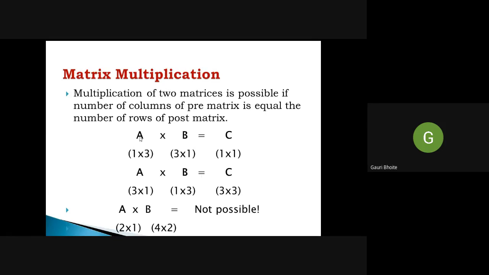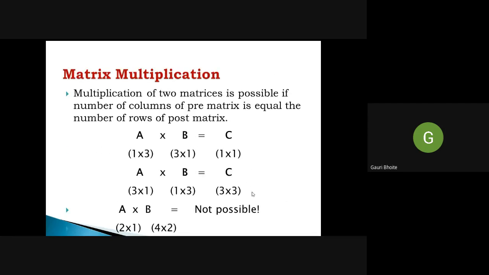So if A is a matrix of order 1 by 3 and B is a matrix of order 3 by 1, then A cross B is possible because the number of columns of the pre-matrix is 3 and the number of rows of the post-matrix is 3. If these two quantities are the same, matrix multiplication happens. See the second example, 3 cross 1, 1 cross 3. Again the number of columns of the pre-matrix is 1 and the number of rows of the post-matrix is 1. So the number of columns of the pre-matrix is the same as the number of rows of the post-matrix, matrix multiplication happens and the resultant is the number of rows of the pre-matrix into the number of columns of the post-matrix. Okay.